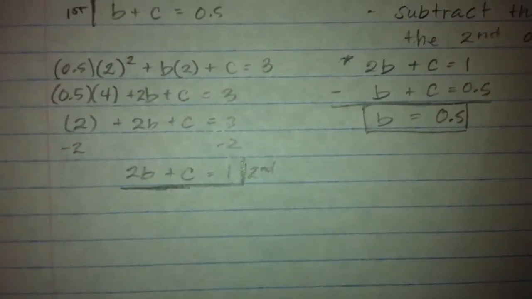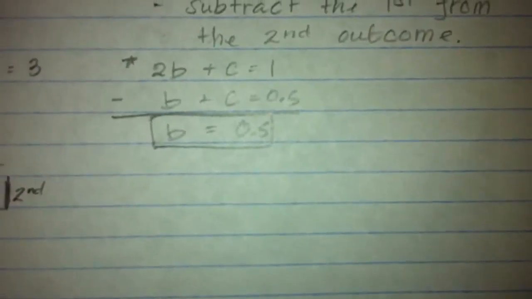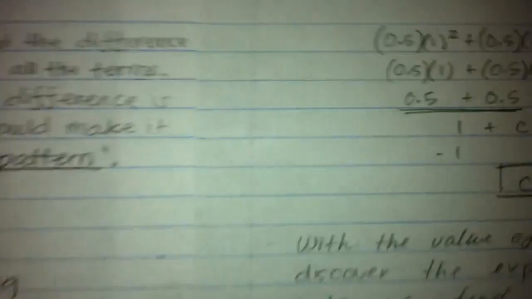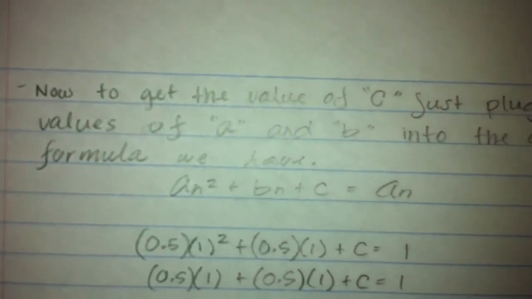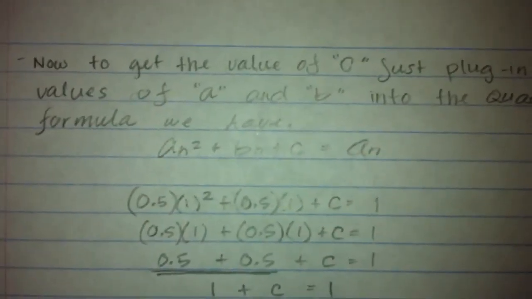So you have 2b plus c equals 1, subtract b plus c equals 0.5, and the b would equal 0.5. From there, we are set.